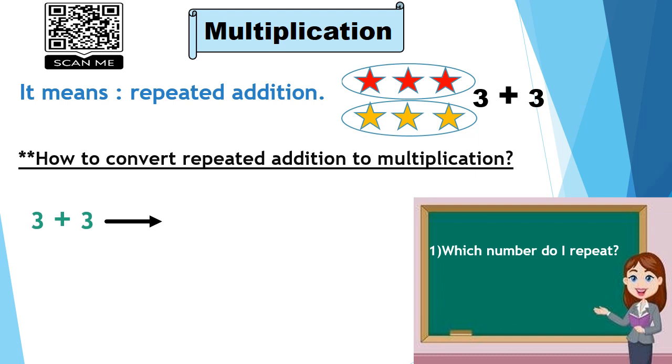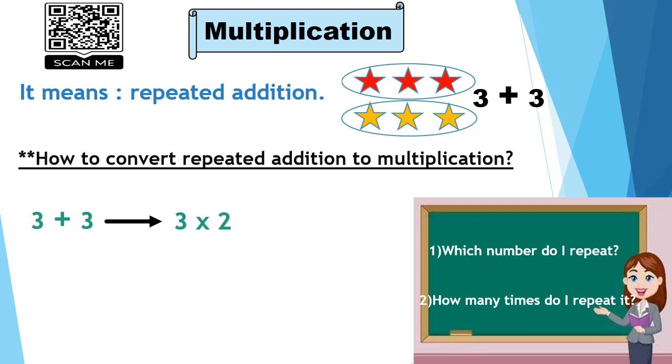I repeat 3. How many times do I repeat 3? 2 times. We said 3 plus 3. So the repeated number is 3, and we repeat 3 2 times. So it's 3 times 2.